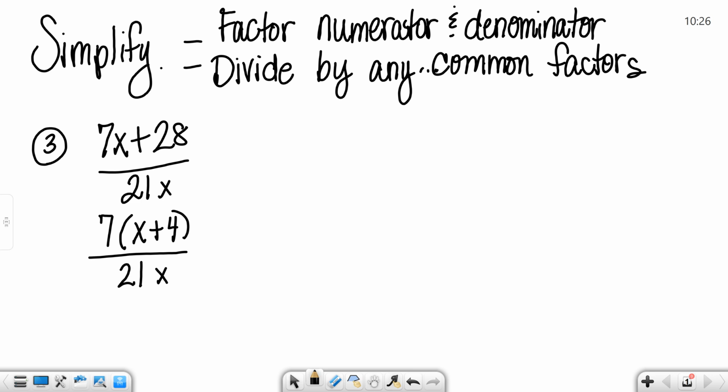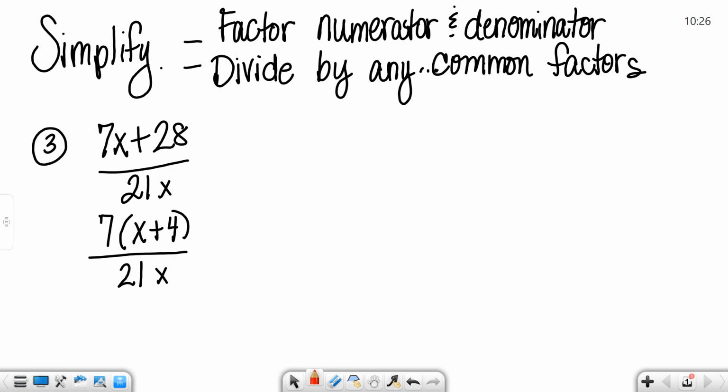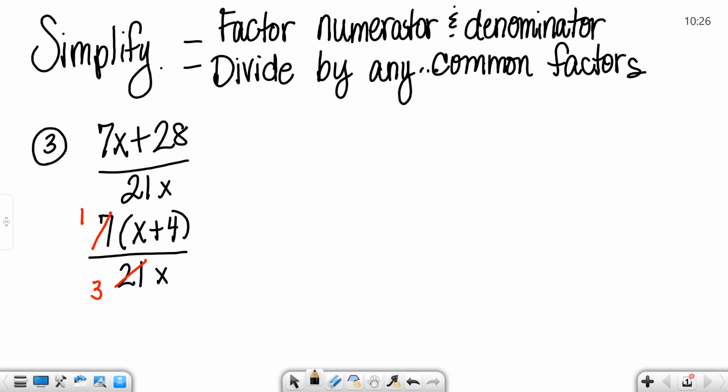Now, I could find the things that multiply to give me 21, which is what I should be thinking in my head. All right, 7 goes into itself once, and 7 goes into 21 3 times. So 1 times the x plus 4 in the numerator gives me x plus 4, and then I've got 3 times x, and that would be simplified.